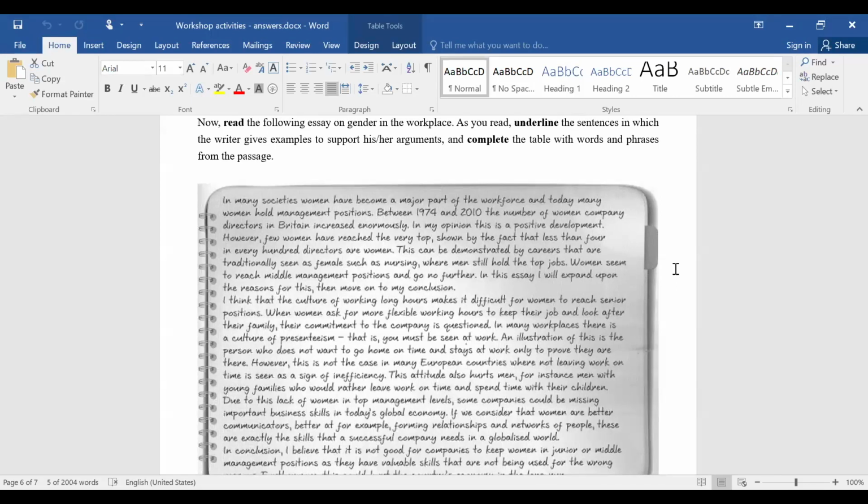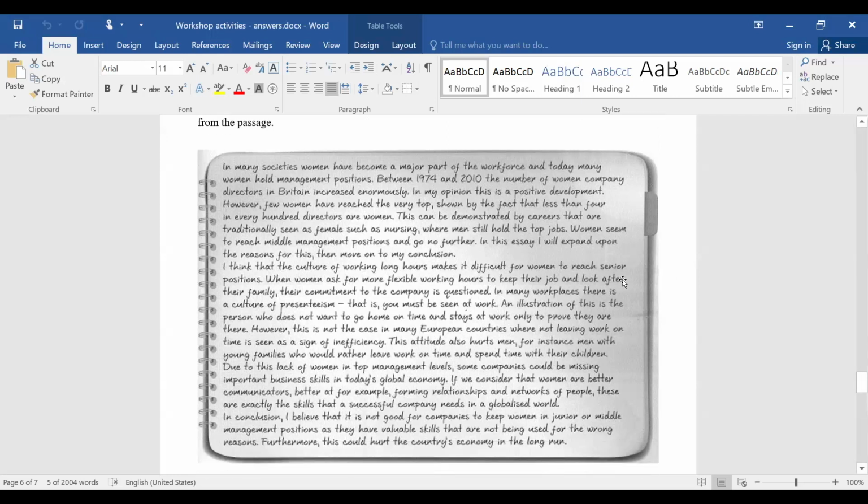What I intended to do is to ask you to read this passage again and to find out some more sentence starters, the words and phrases that the writer uses in order to introduce examples to readers.